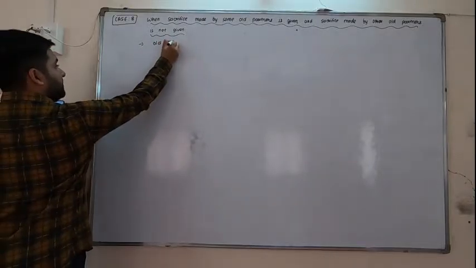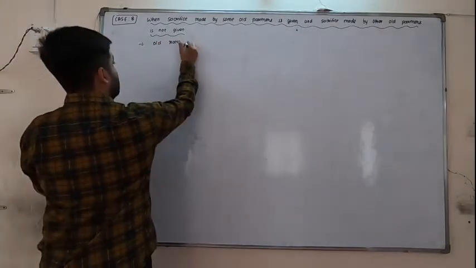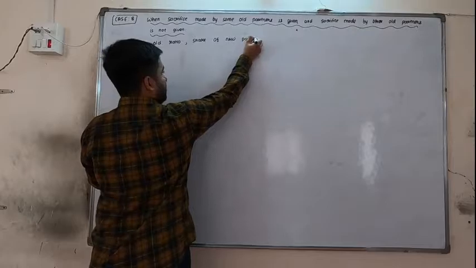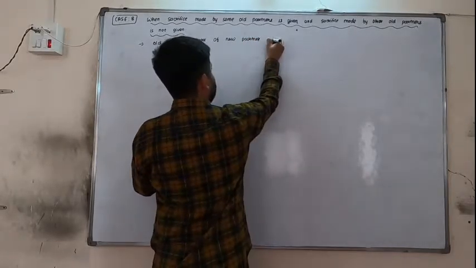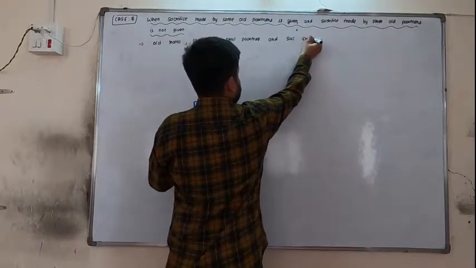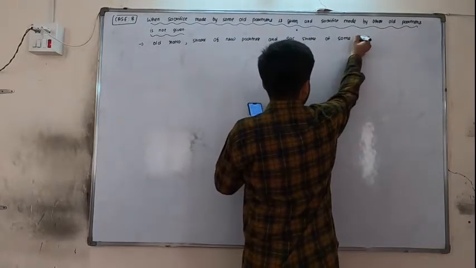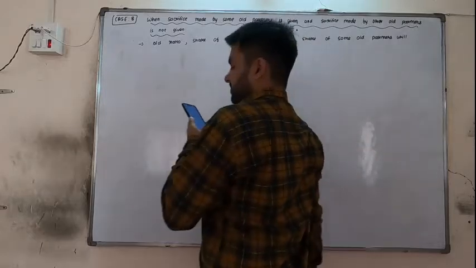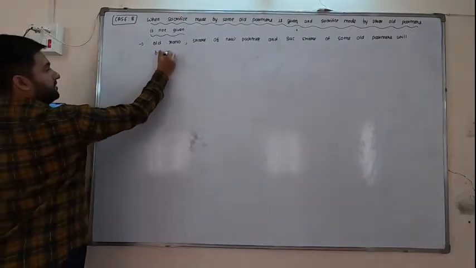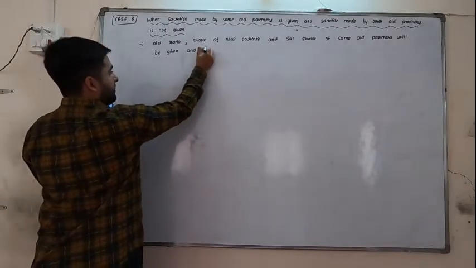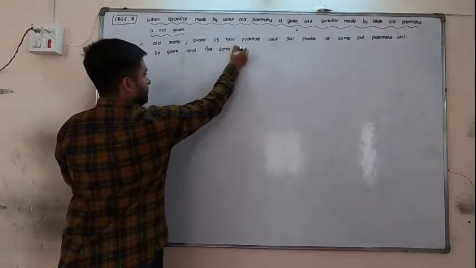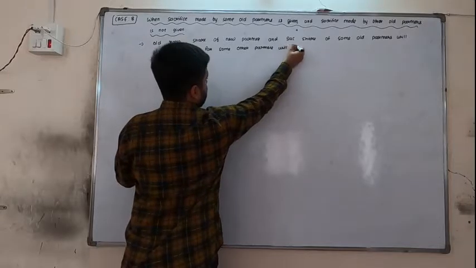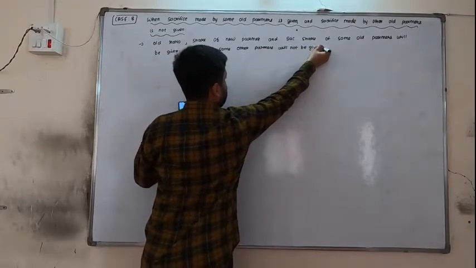So what will be given in the sum? Old ratio, share of new partner, and sacrifice share of some old partners will be given, and for some other partners it will not be given.